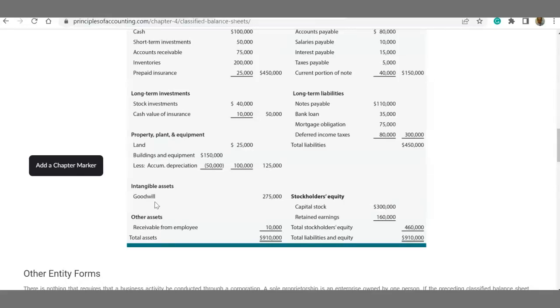There are two ways to do it. Either you post all of them in here one by one, which is easy to see, or you call it intangible asset, show $275,000, and you don't give us any description of it.